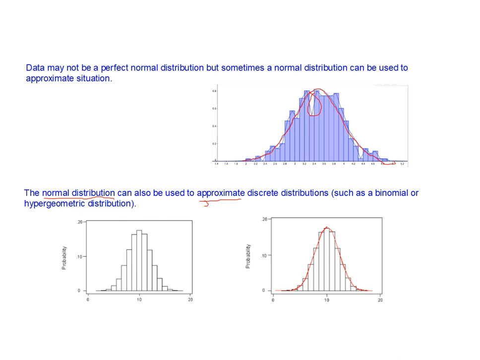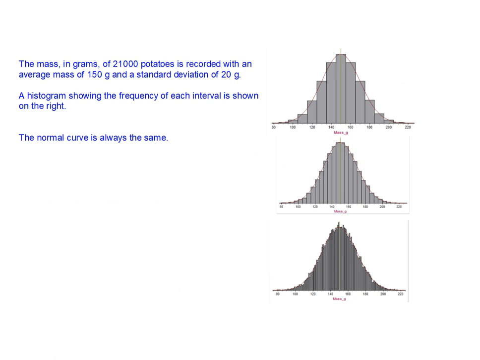On the left here we see a graph that I believe was a binomial distribution, and on the right you can see the red curve indicating that it looks fairly normal, with that bell shape. We can sometimes use the normal distribution to approximate either a binomial or a hypergeometric distribution.